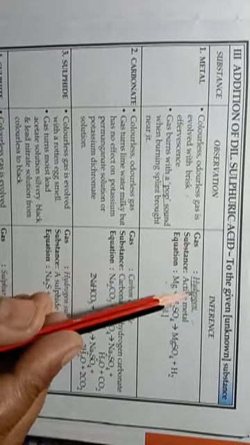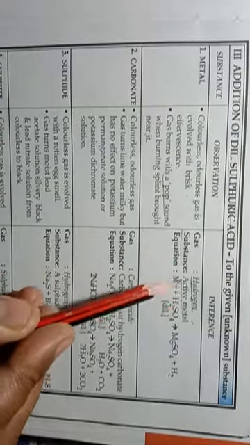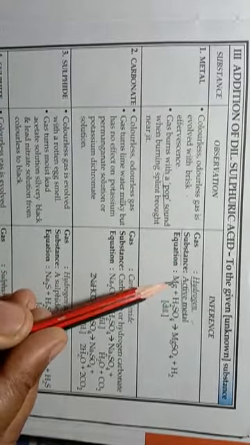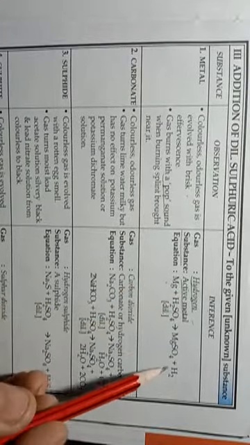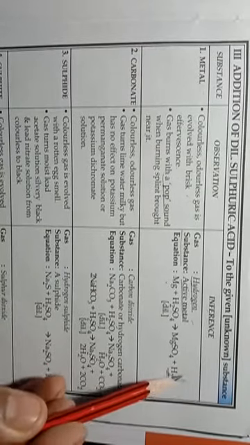So hydrogen gas is produced when any active metal like magnesium, zinc, etc. is reacted with dilute sulfuric acid, then salt plus hydrogen gas is evolved.